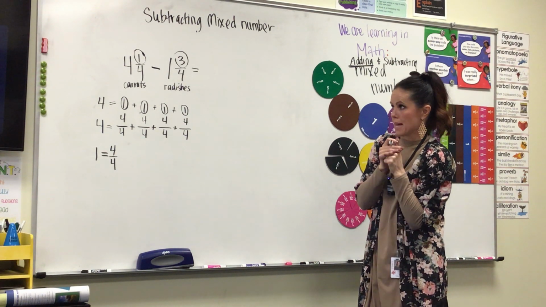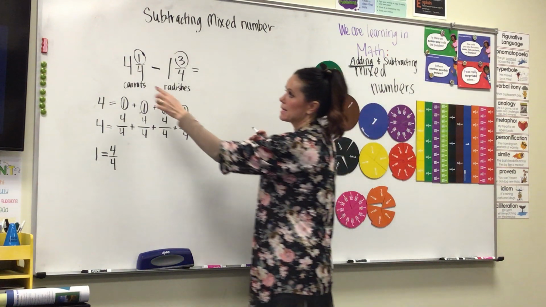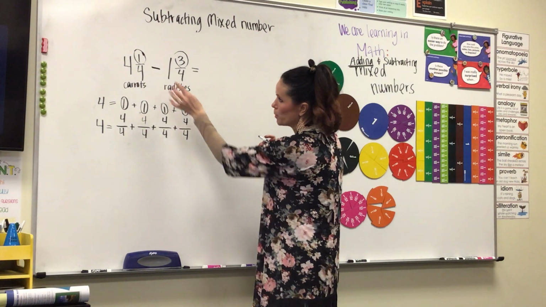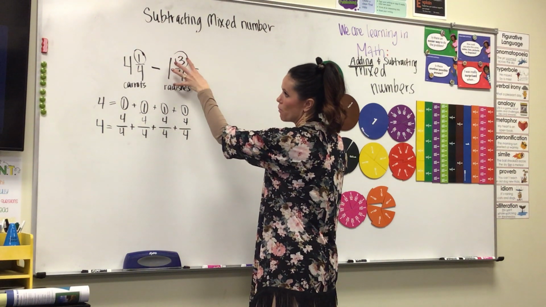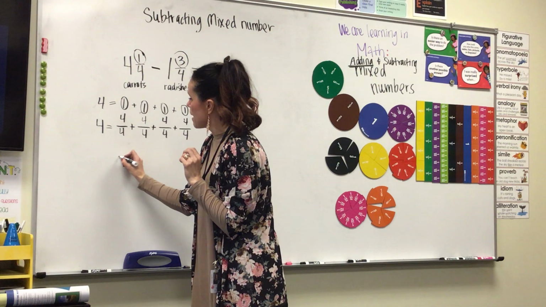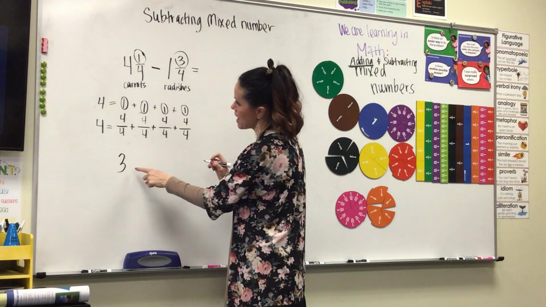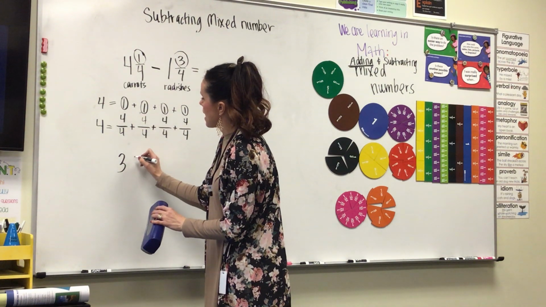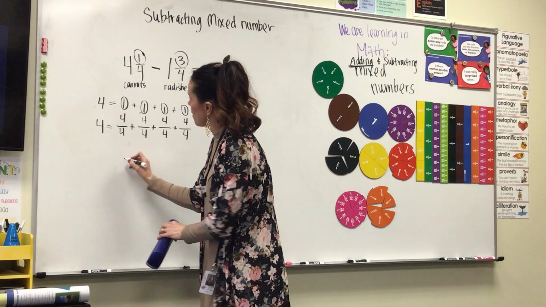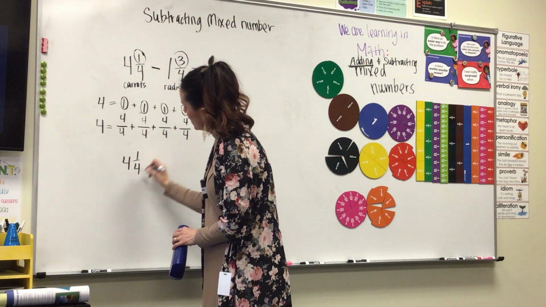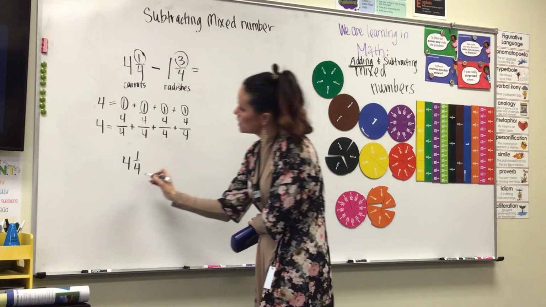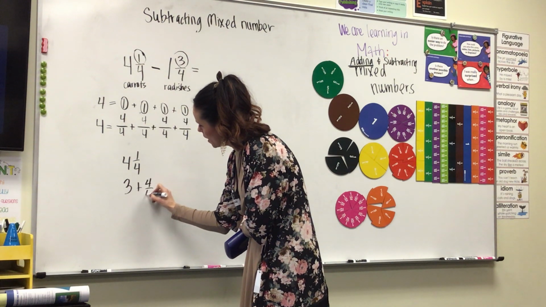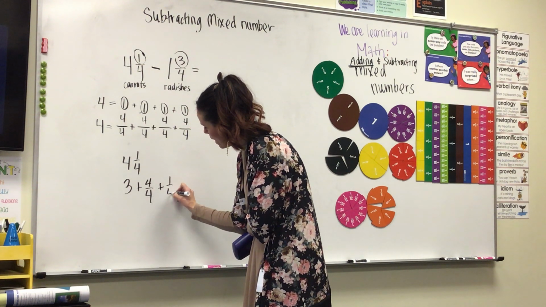Now you guys have to really pay attention on this one. This one will trick you every time. I need to take the 4 fourths and regroup so that I can pull out the radishes. So I'm going to say that I have 3, and I have 4 fourths, and I'm going to regroup and make it 3 plus 4 fourths plus the 1 fourth.